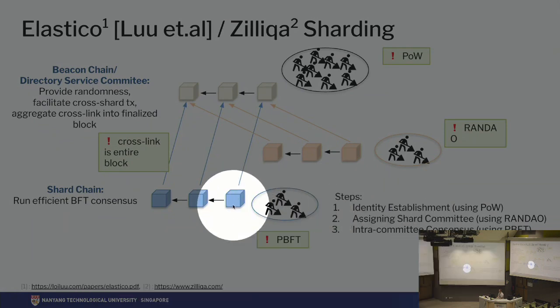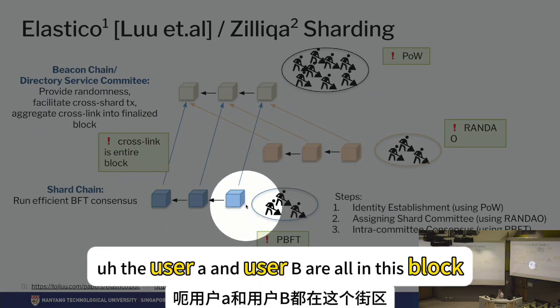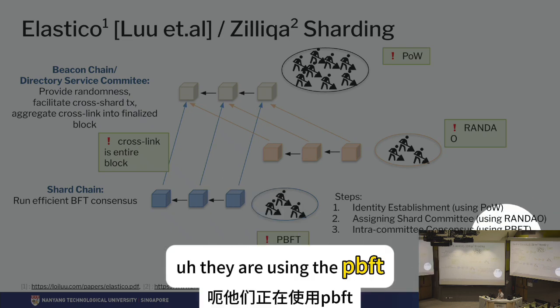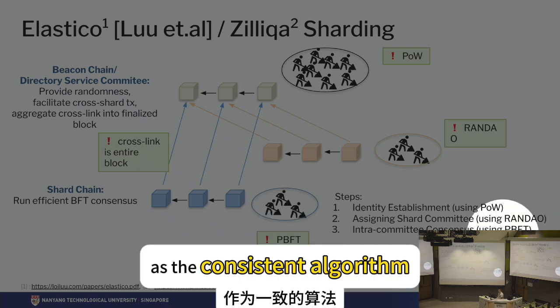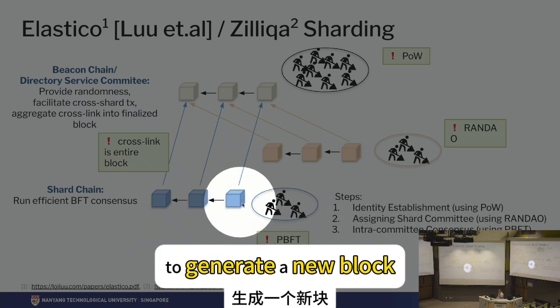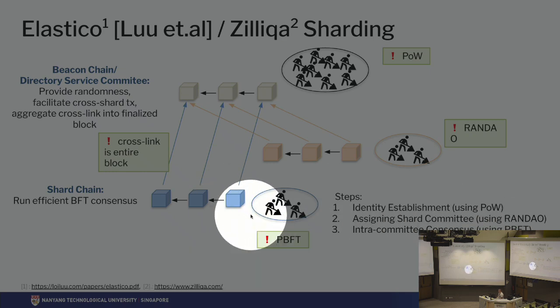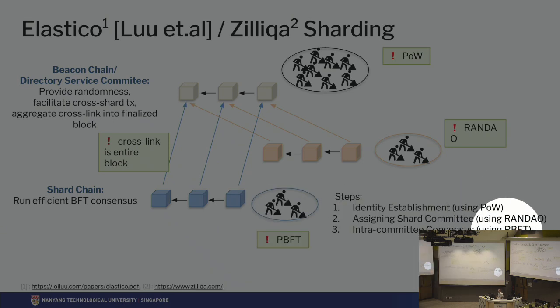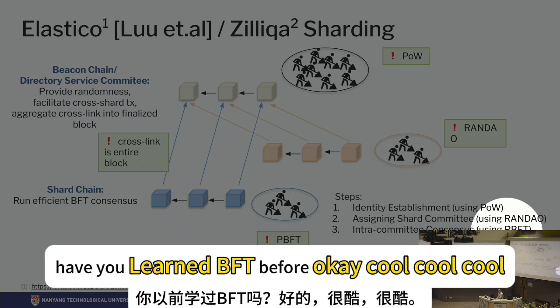For example, user A and user B are both in this block, just doing a transfer in between. They use PBFT as the consensus algorithm to generate a new block. Have you studied this consensus algorithm before? Or BFT? Have you learned BFT before?